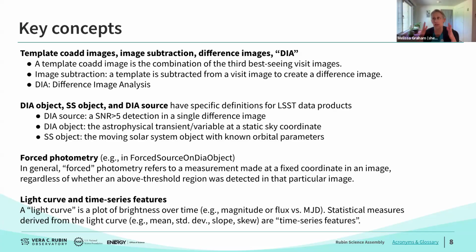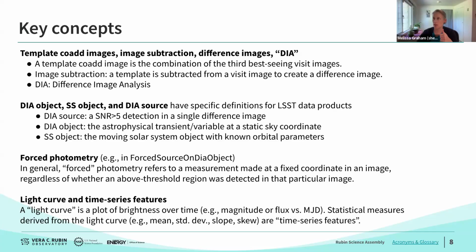For Data Preview 1, all of these visit images were taken over 7 weeks at the end of 2024. The 33% of them that have the best seeing, the best image quality, are stacked together to make good seeing template coadd images. Image subtraction is when this template is subtracted from a visit image to create a difference image.